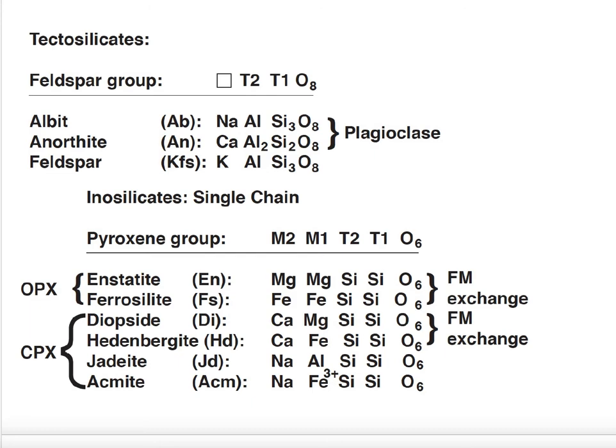But now we are coming to the mineral chemical formulas. We are starting with the group of the orthopyroxenes. In general, the pyroxene group has two octahedral spaces, M1 and M2, and two tetrahedral spaces, T1 and T2, and has 6 oxygen.